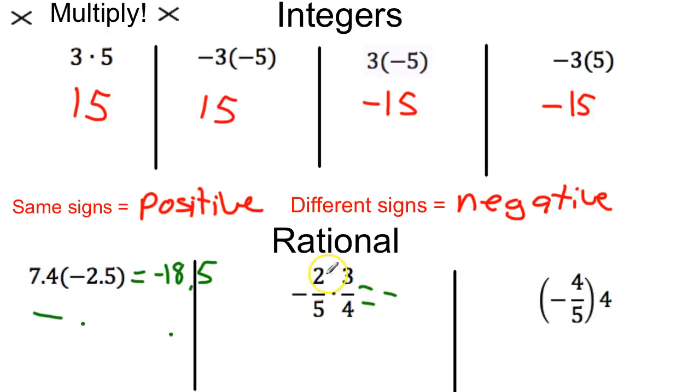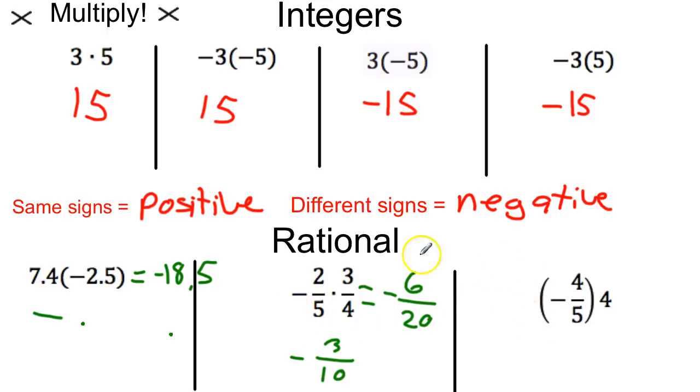So let's do the math right now. 2 times 3 is 6. 5 times 4 is 20. So my answer is negative 6 over 20. I can simplify. I know these are both even numbers, so if I divide 6 by 2, I get 3. If I divide 20 by 2, I get 10, and that is also negative.